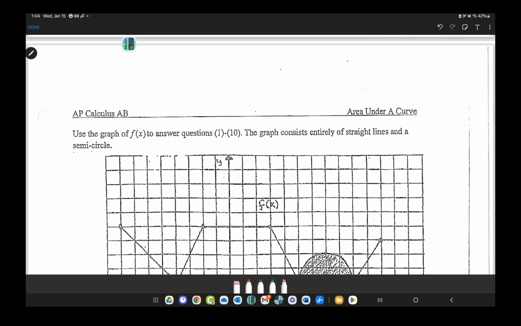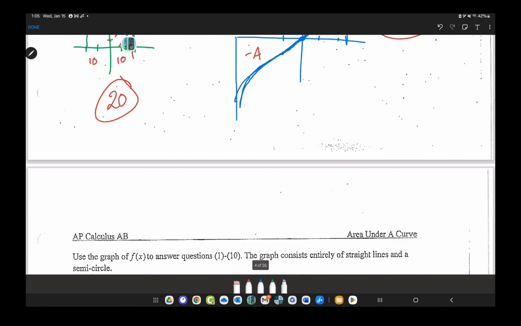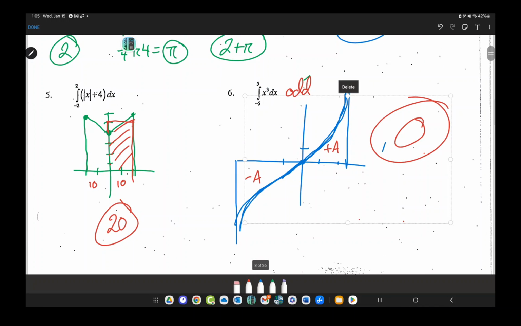Wait, how did you do 5? How did you do 5? I just made it a rectangle. Split it in half, half the height, multiply.